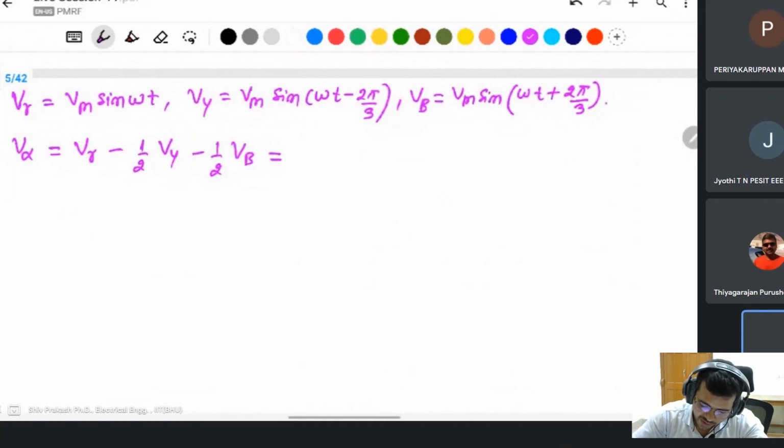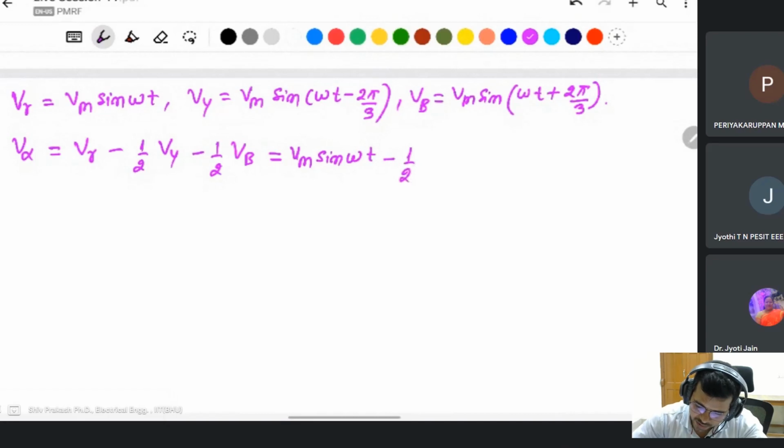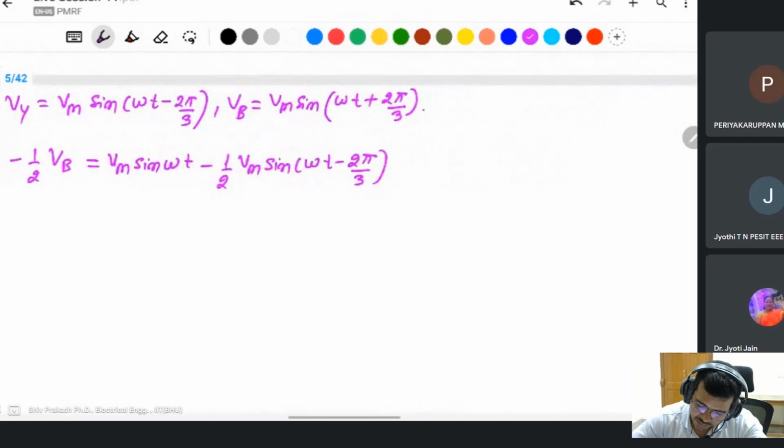You put the values here: Va, Vr is Vm sin omega t, and Vy is Vm sin of omega t minus 2 pi by 3, and Vb is Vm sin of omega t plus 2 pi by 3.